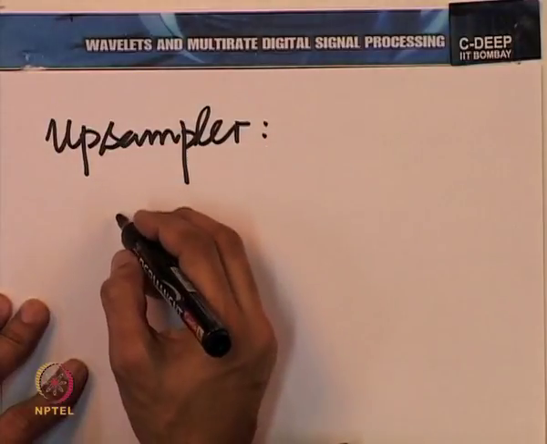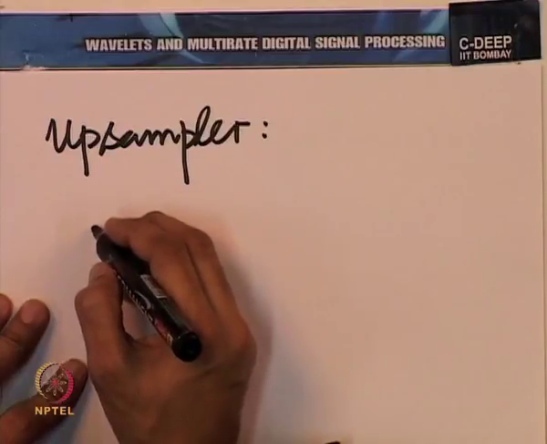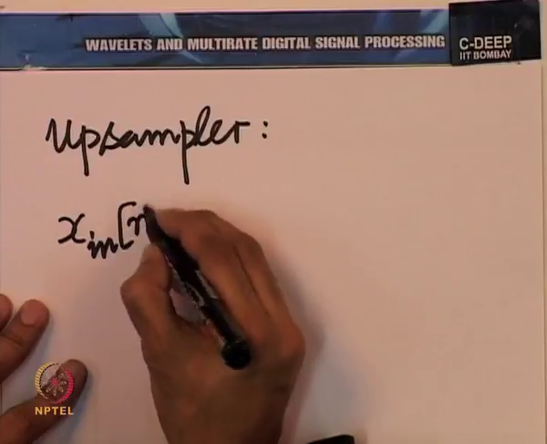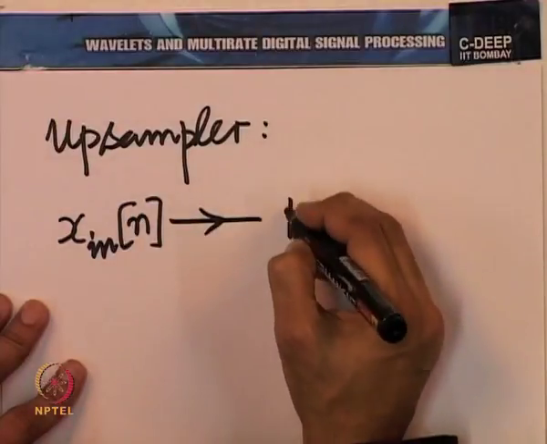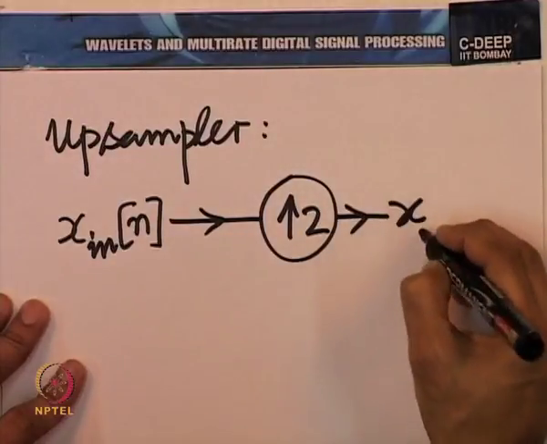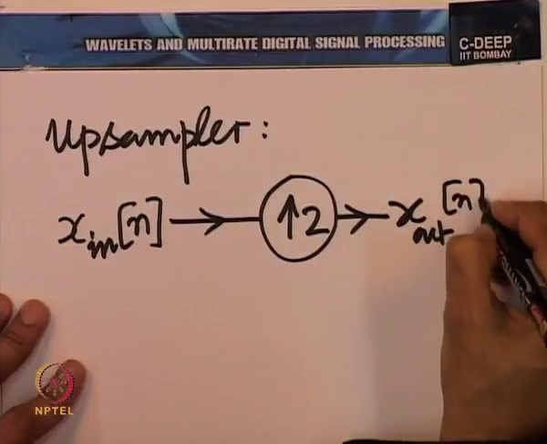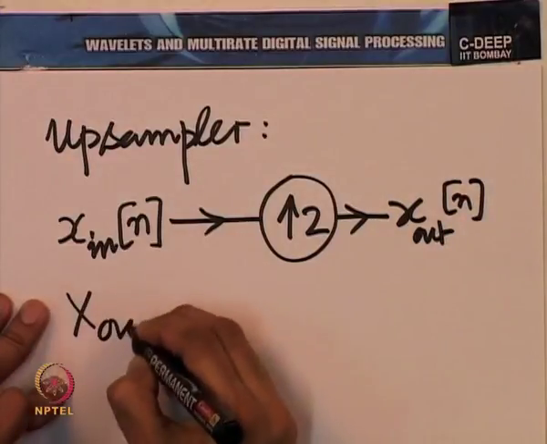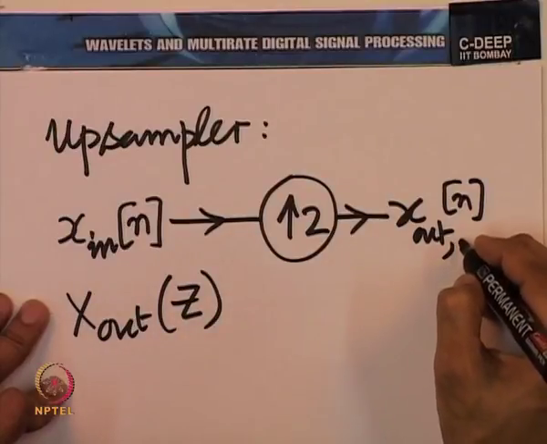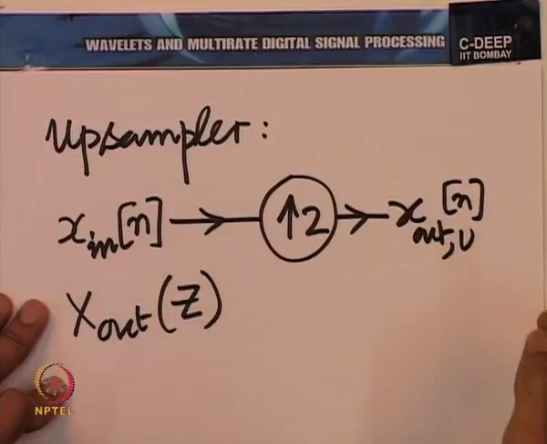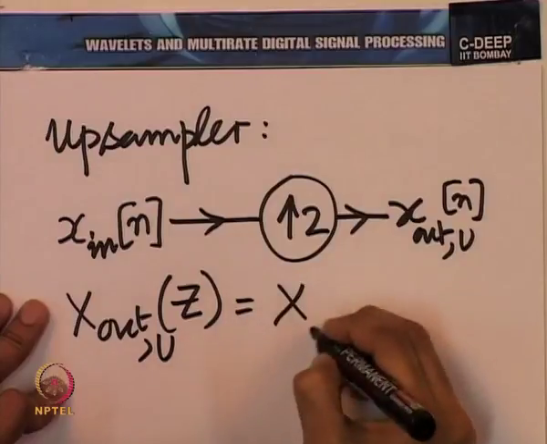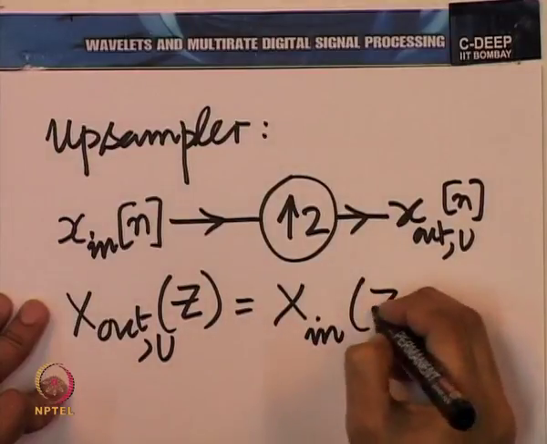Noted from the previous lecture that if you have x in n going to an upsampler by a factor of 2 to produce x out n here, then x out z in this case, maybe to be specific we could say x out u to denote upsampling here. So, x out u z is x in z squared in this case.